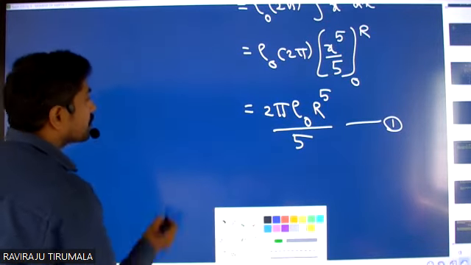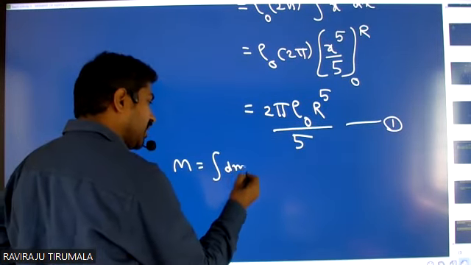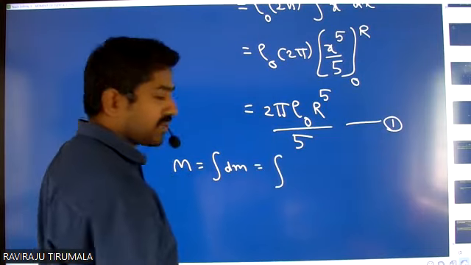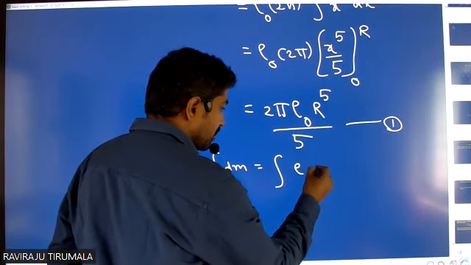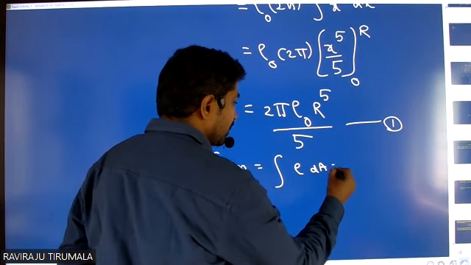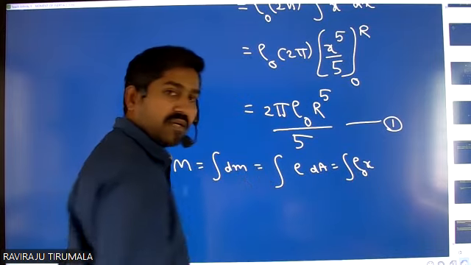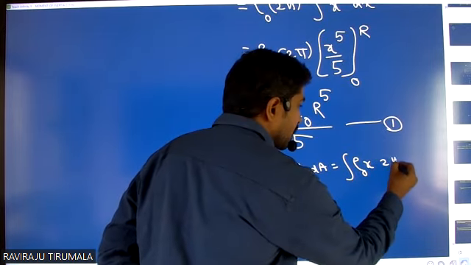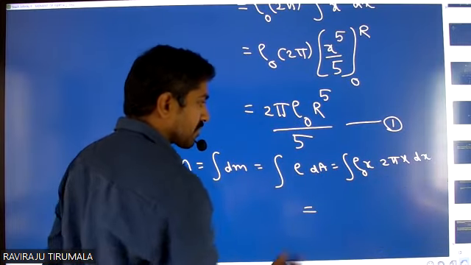Okay, so total mass, if you want to calculate, that is integral dm only. Na? Integral, what we can write for dm? Rho into dA only. That is nothing but rho, it is given rho naught x, and dA area means 2 pi x dx.